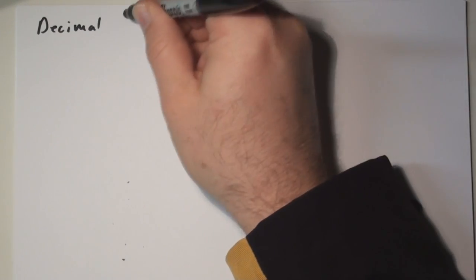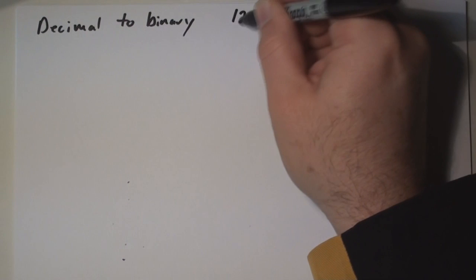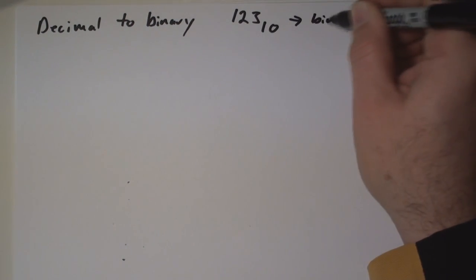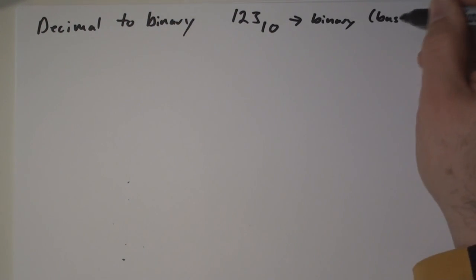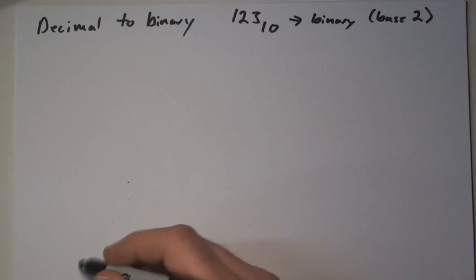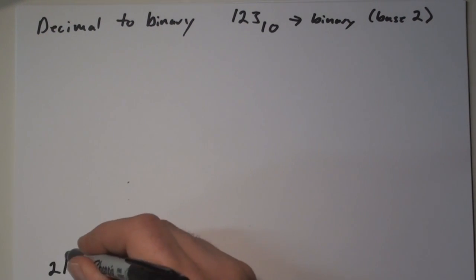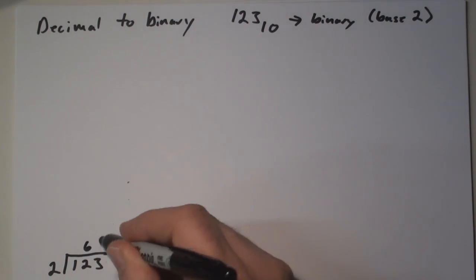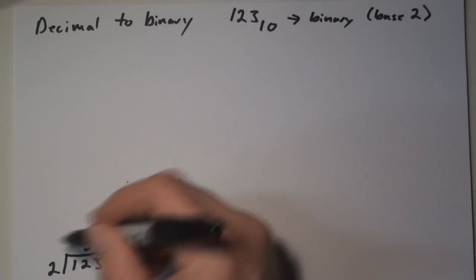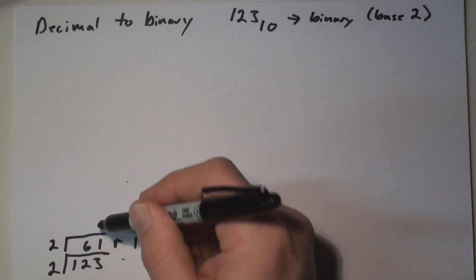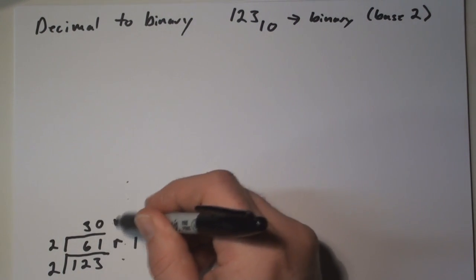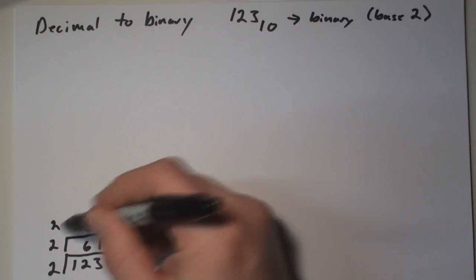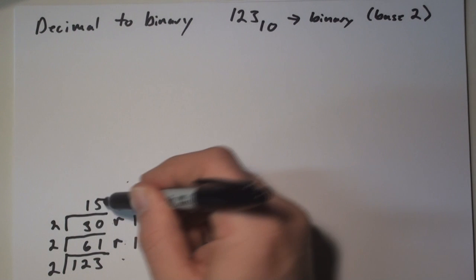So we've already seen how to convert from binary to decimal, but now we need to convert from decimal to binary. So I want to convert the number 123 base 10 to binary base 2. The way we do this is we take 123 and divide it by 2. This is 61, and it has a remainder of 1. Then we divide 61 by 2, and 61 divided by 2 is 30 with a remainder of 1. Then we divide 30 by 2. 30 divided by 2 is 15 with a remainder of 0.